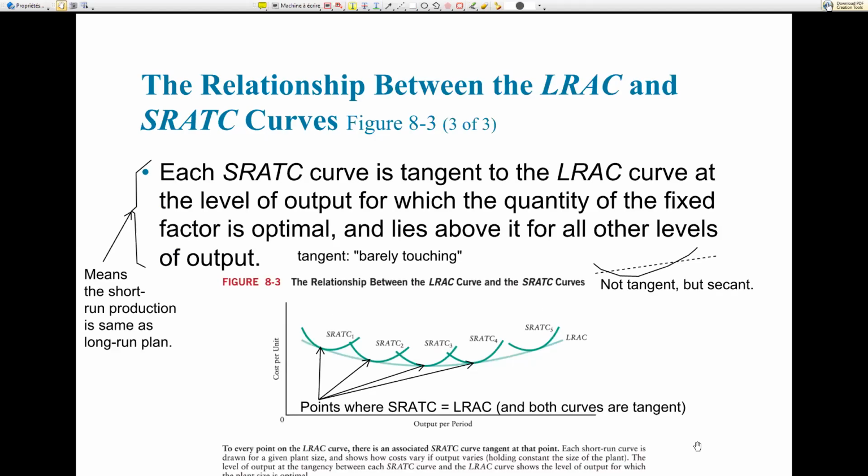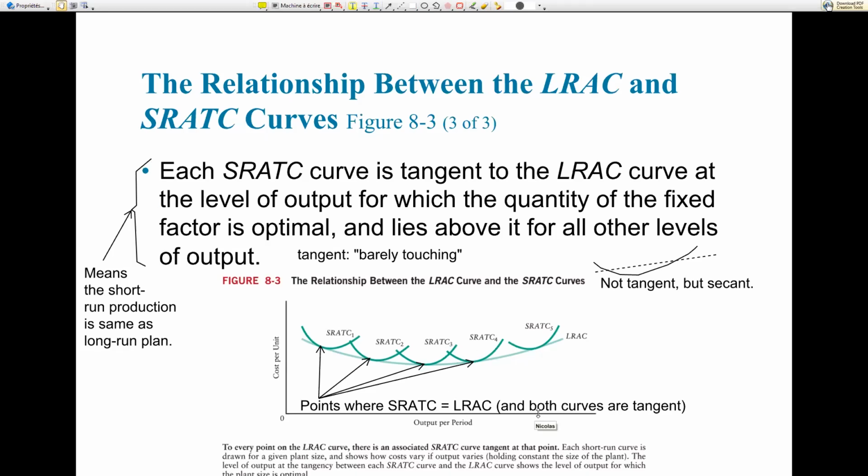Yeah, go ahead. Okay, because you said if we, let's say we add more employees, then it won't be tangent anymore. But this is for the short run, but is it possible to add more employees in the long run? Yes, if I decide that my best restaurant is not this size, but that size, for instance, and I plan in the next 5 years, I'm going to add 2 more machines and hire 4 more people.